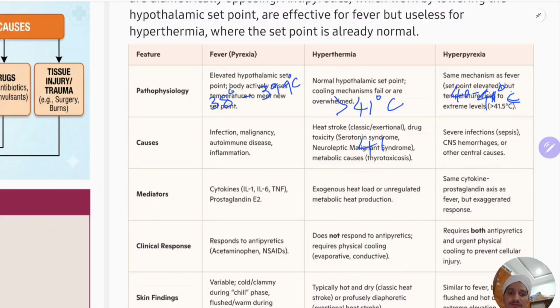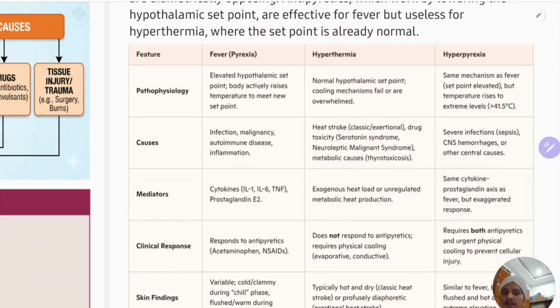Some books say more than 41.5 degrees centigrade as it is given here, so I am taking a conservative value, more than 41. So 40 to 41 think of as hyperpyrexia, more than 41 think of as hyperthermia, 38 to 39.9 degrees centigrade considered as fever. That's how you differentiate based on measuring with a thermometer.